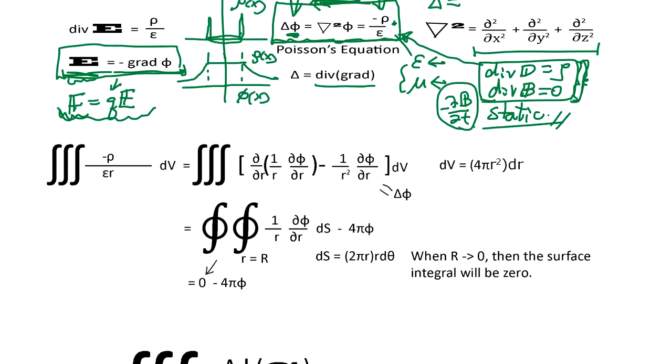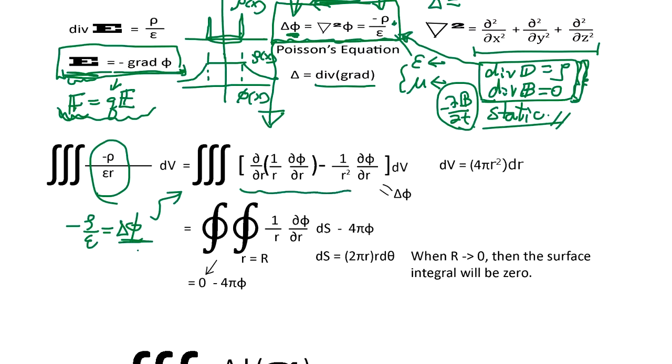Now, in order to solve this differential equation, we will get the integral format of Poisson's equation. For this derivative, using polar coordinates, we change to polar coordinates, then we will get this portion.